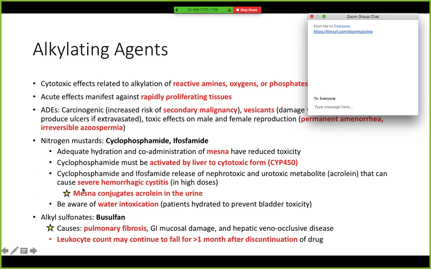In order to treat that, you're going to give the patient Mesna, and that's going to conjugate with acrolein in the urine. So make sure that you know that cyclophosphamide and ifosfamide carry a risk of hemorrhagic cystitis, so potential toxicity to the patient's bladder. And you're going to treat with Mesna.